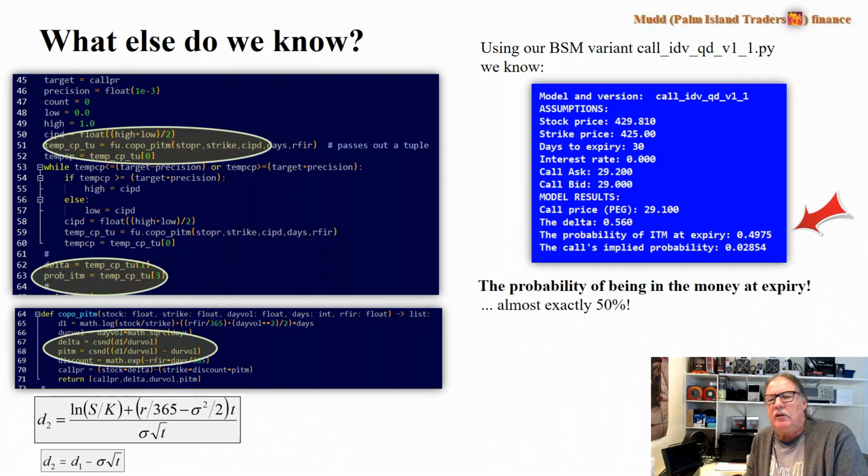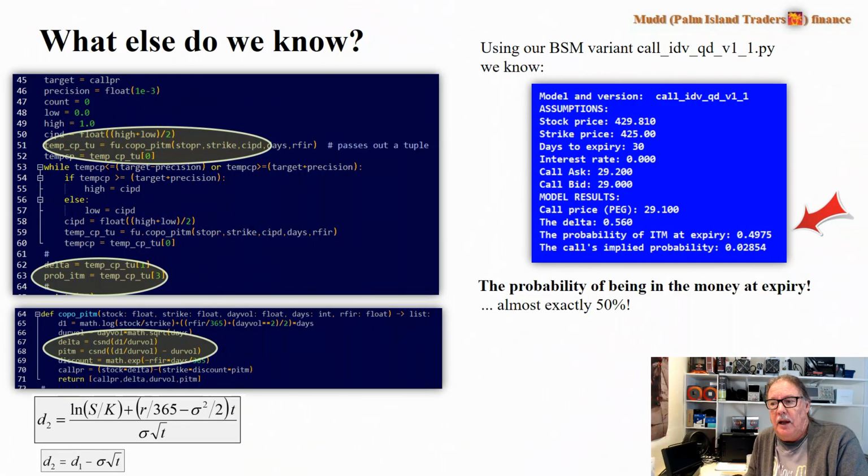Well, the key expression from the program that I gave you calls upon a utility in the financial utility setup I gave you called COPO-PITM, and that sends out a tuple that gives you some of the parameters that we're trying to seek, including the delta, the probability of being in the money, and the implied volatility.